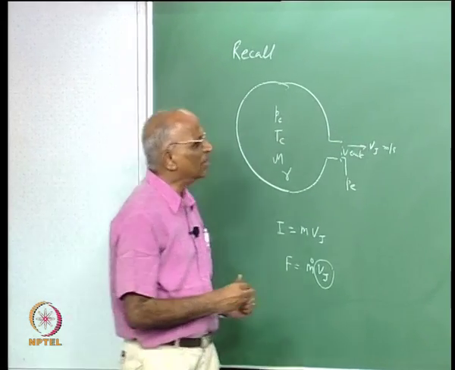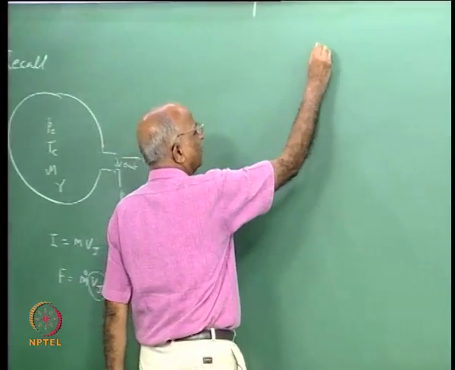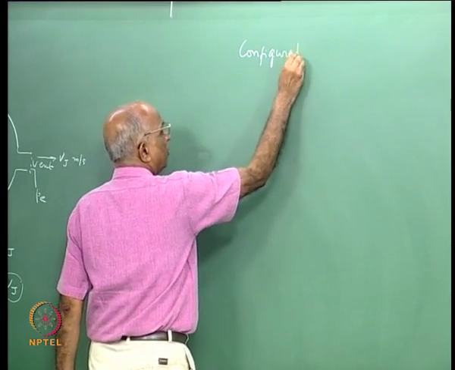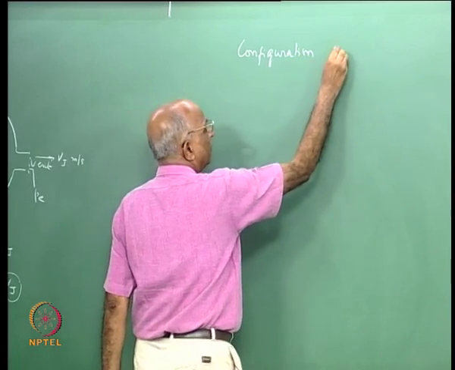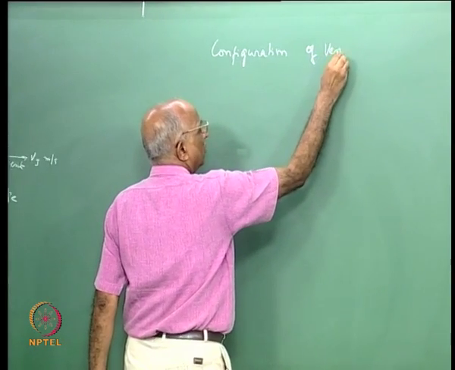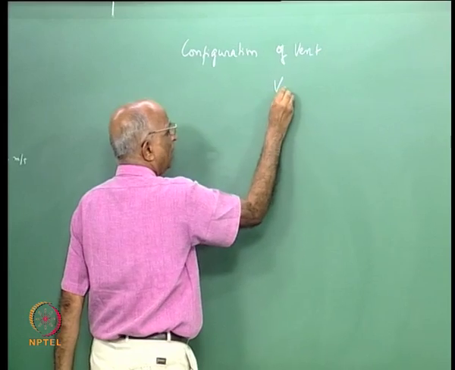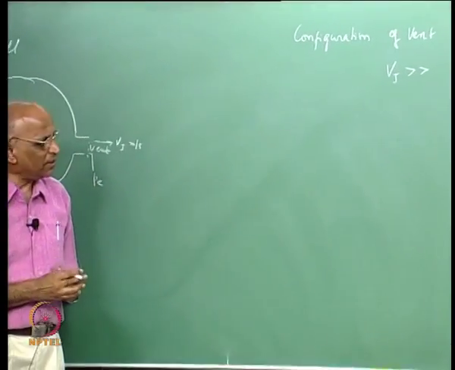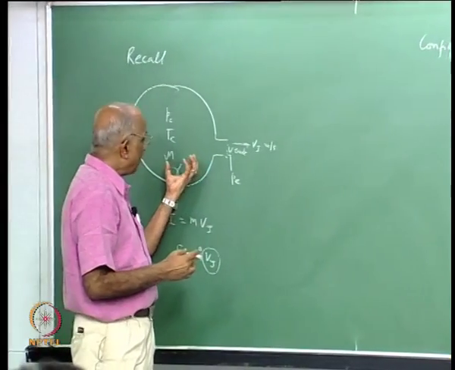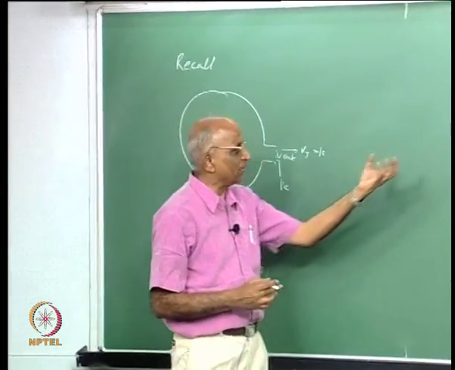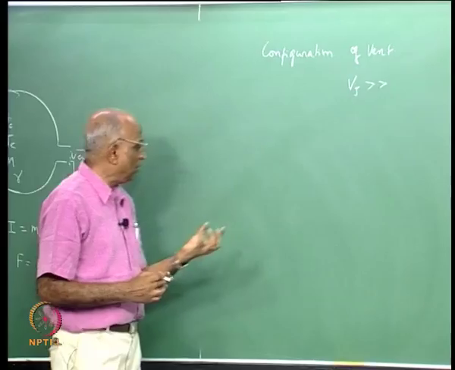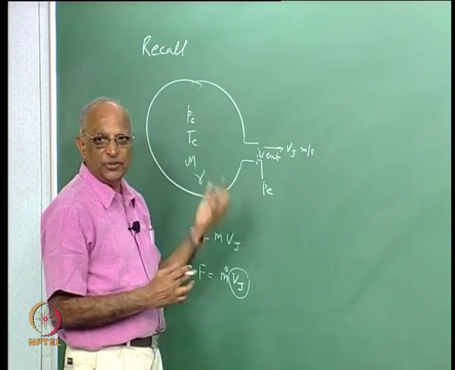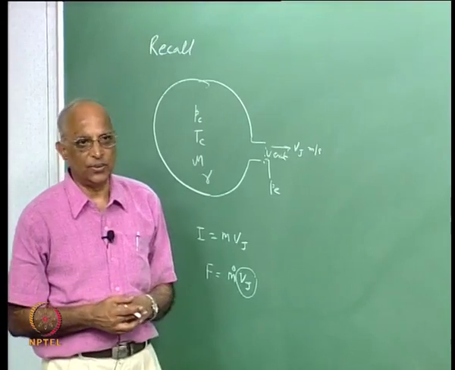Therefore, the question is, is there anything like a configuration or shape of vent which can give me a high value of jet velocity? This is what I get started with. Then we will go back and try to find out what the conditions are for this high jet velocity. We will have to look at matching of the exit pressure with respect to the chamber pressure, and that is what I propose to do in today's class.